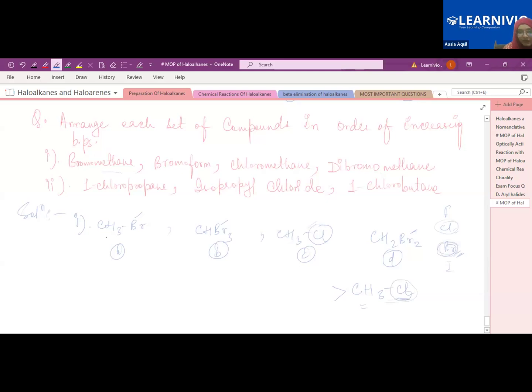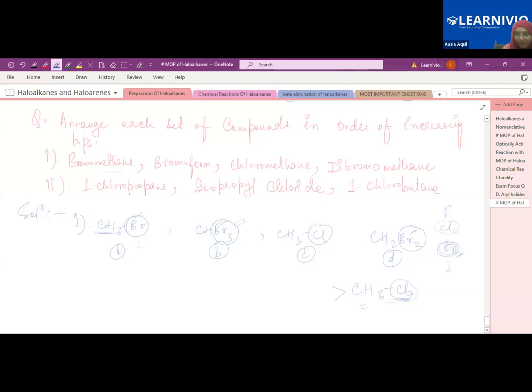Now between these three options A, B, and D, the alkyl group is same, so it will depend on the bromine, on this halogen atom. Here only one bromine atom is attached to the alkyl group, and here three bromines. Three bromines means more mass. Suppose one bromine has some mass, so with three bromines present, it will have the highest boiling point.